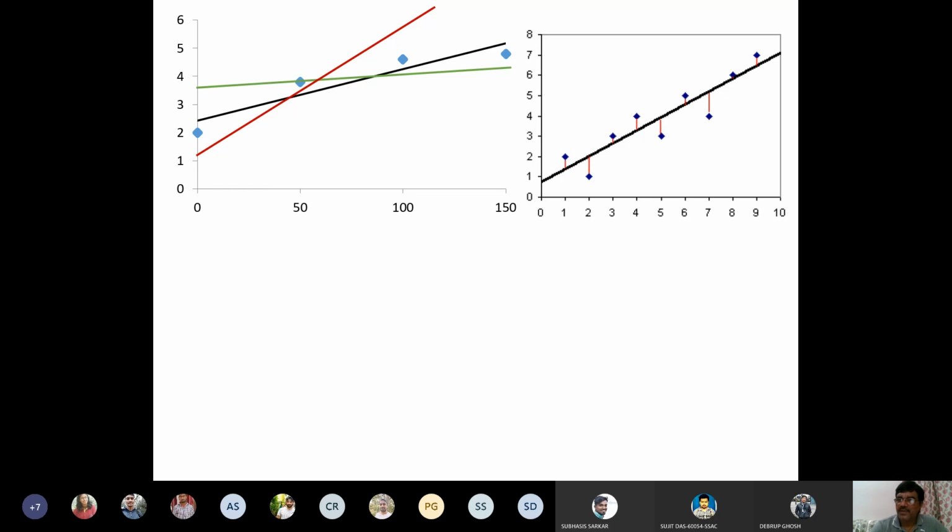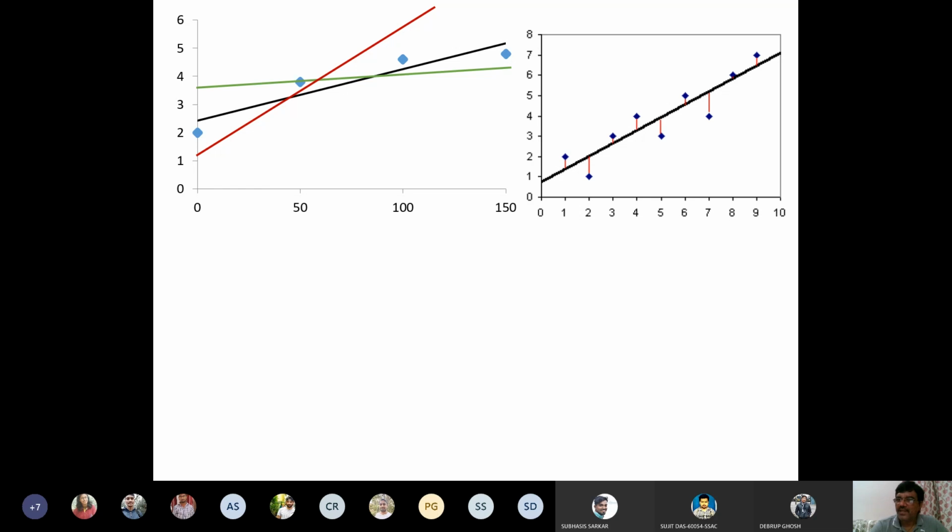The distance from a data point to the line is actually your error, or your residual. So you can measure these distances and make the total. But the problem here is that for the values above the line, the difference of the observed value, the blue ones, and the predicted value, the line, will be positive.